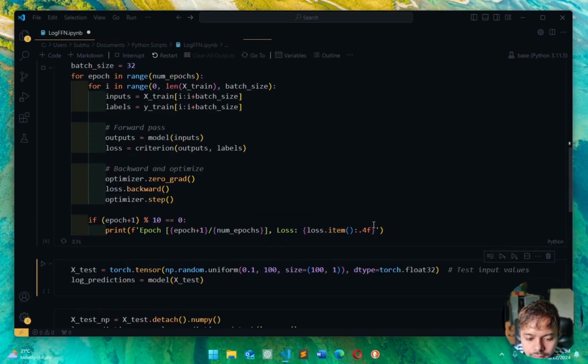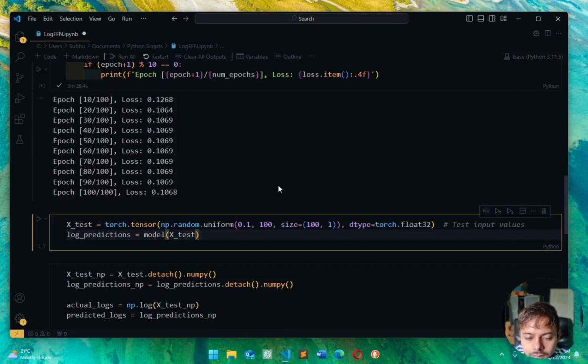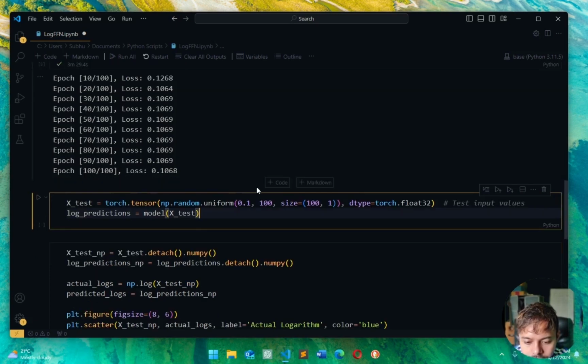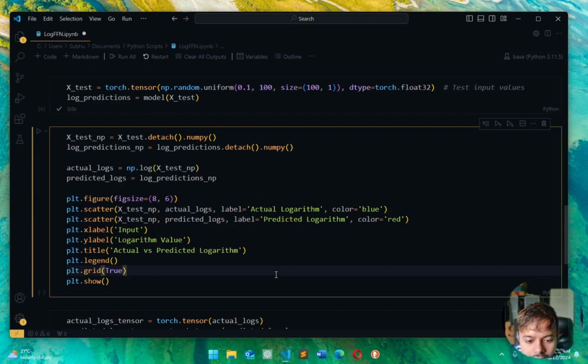The model is training here. We have successfully trained the model for 100 epochs with a training loss of 0.10. Now let's initialize the test values of size 100 samples and have some visualization of how our model predicted.